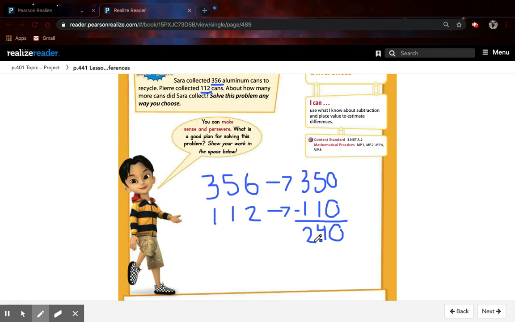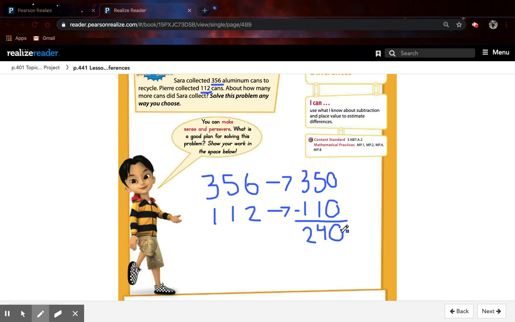And if you have she collected about 250 more than Pierre, that's fine as well, because you could have rounded 112 to just 100 instead of 110. I just chose to use the compatible numbers and round to the nearest 10, but I did round down for 356. It's just what I chose to do.